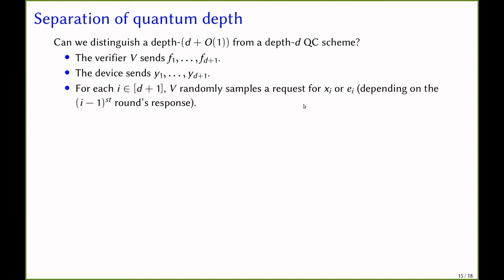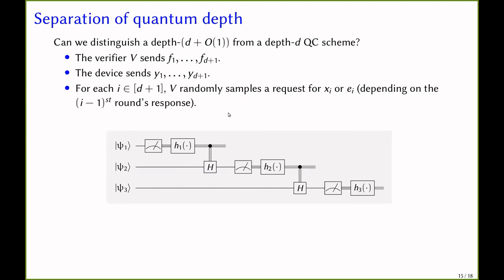The protocol is quite simple. It pretty much runs the first two steps of the protocol in the previous slide in parallel. And then after that, the verifier sequentially tests whether the prover can actually respond with preimages or equations.